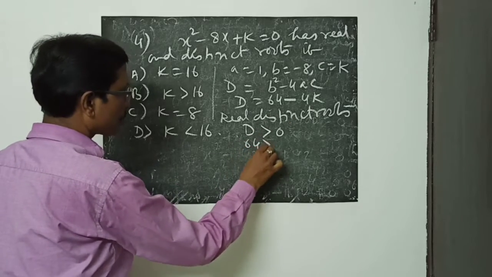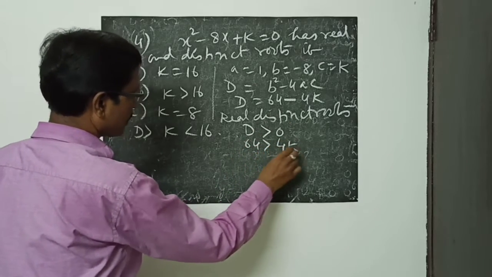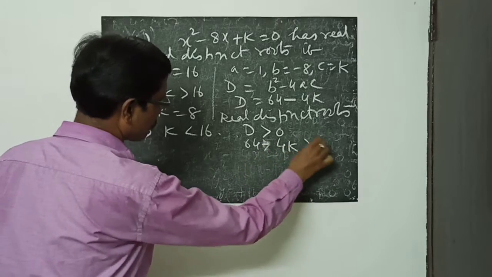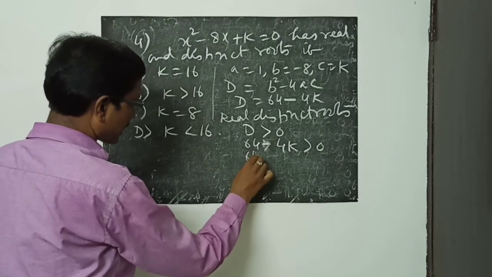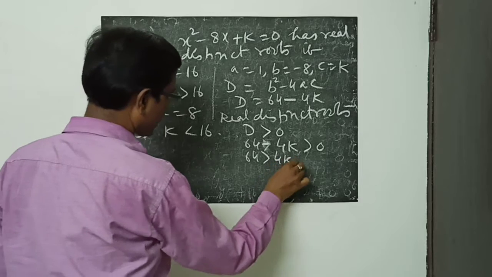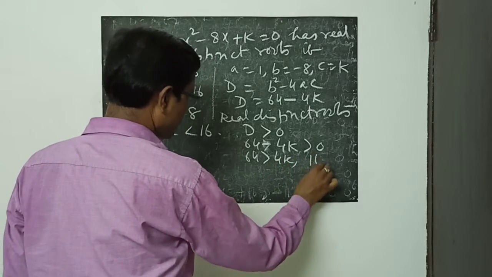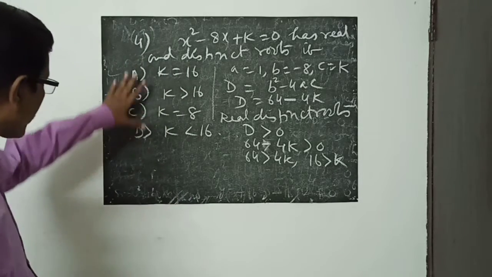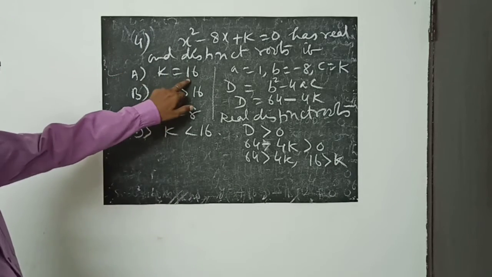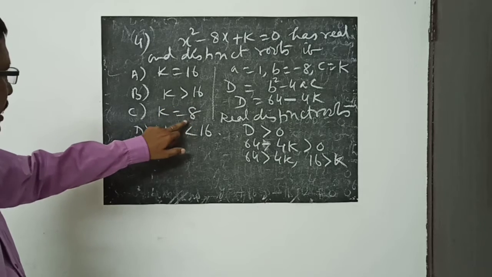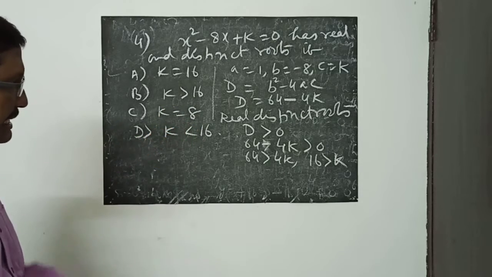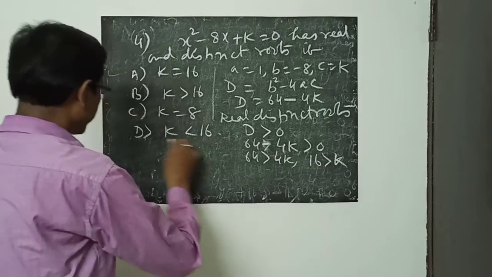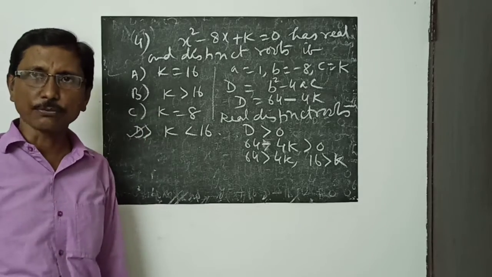You are getting 64 minus 4k is greater than 0. So 64 is greater than 4k, or if you divide by 4, 16 is greater than k, or k is less than 16. So out of k equal to 16, k greater than 16, k equal to 8, k less than 16, k less than 16 is the right option.